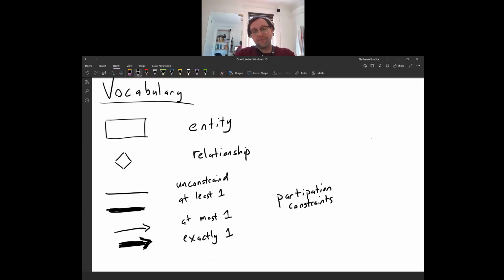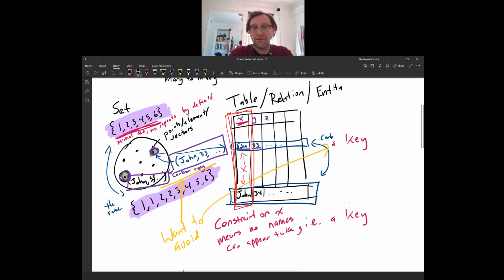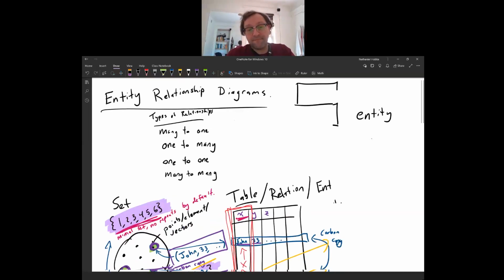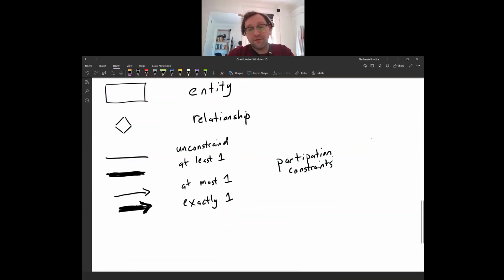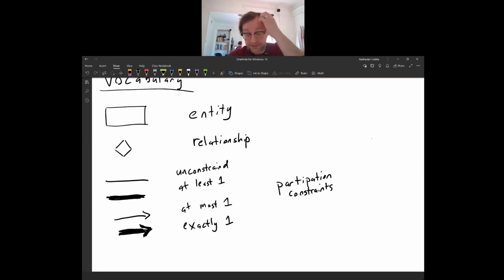Now, these participation constraints are a little different from these relationship types, many to one, one to many, one to one, many to many. But they're kind of built into here. It's a part of these constraints. And that's it. There's also a weak entity. We'll get to that. Oh, sorry, I forgot.